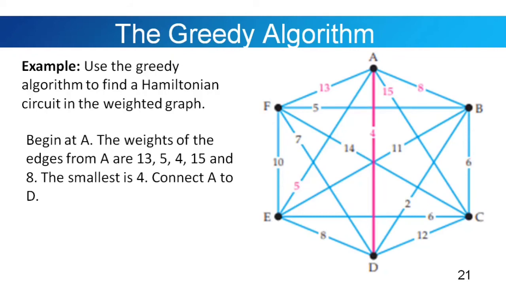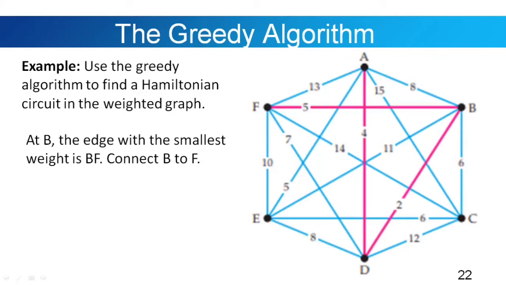Begin at A. The weights of the edges from A are 13, 5, 4, 15, and 8. The smallest is 4. So connect A to D. At D, the edges are 8, 7, 2, and 12. The smallest is 2. So we're going to connect D to B.